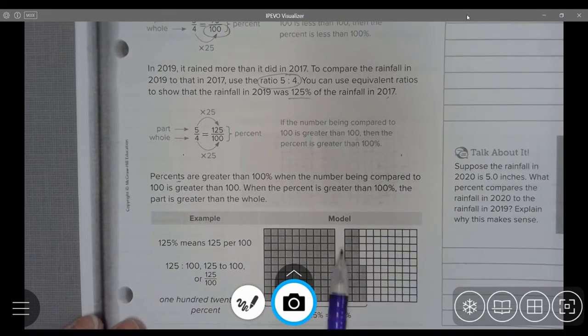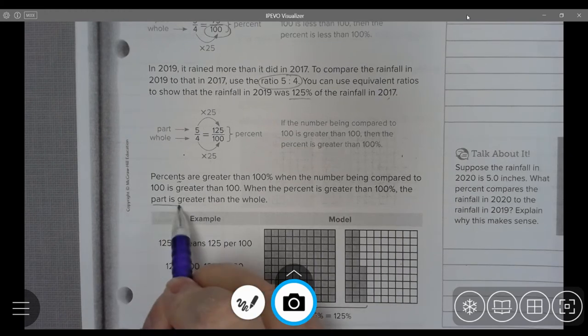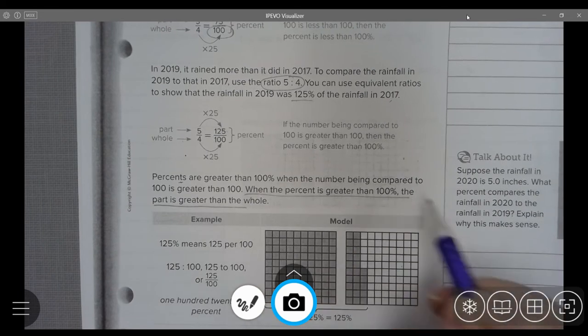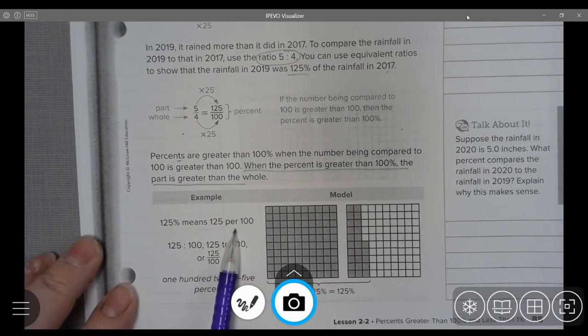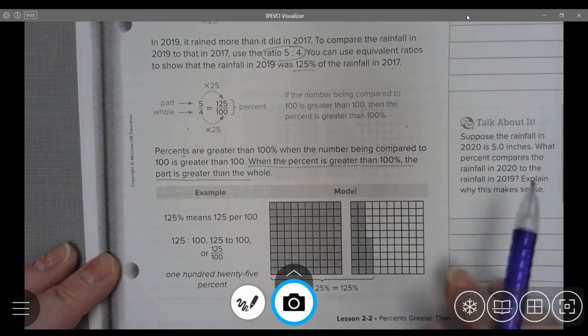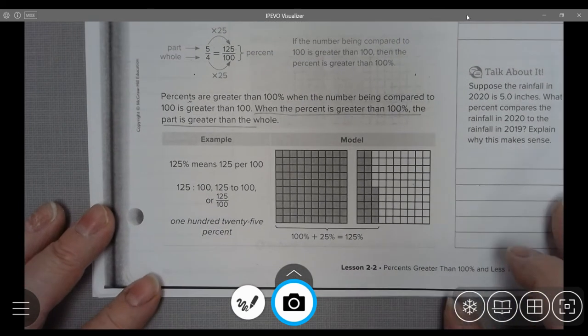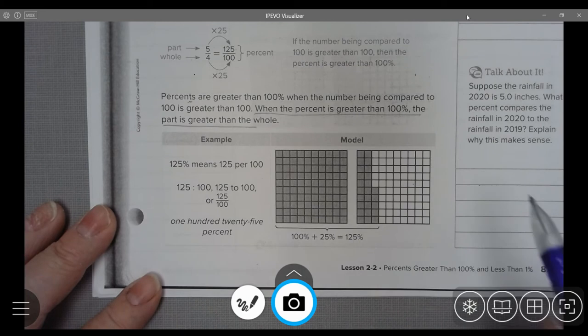So percents are greater than 100 when the number being compared to 100 is greater than 100. When the percent is greater than 100, the part is greater than the whole. This is something important to know. Please underline it. So 25% means 25 per 100. So our model is going to look a little different than it did for lesson 2-1.